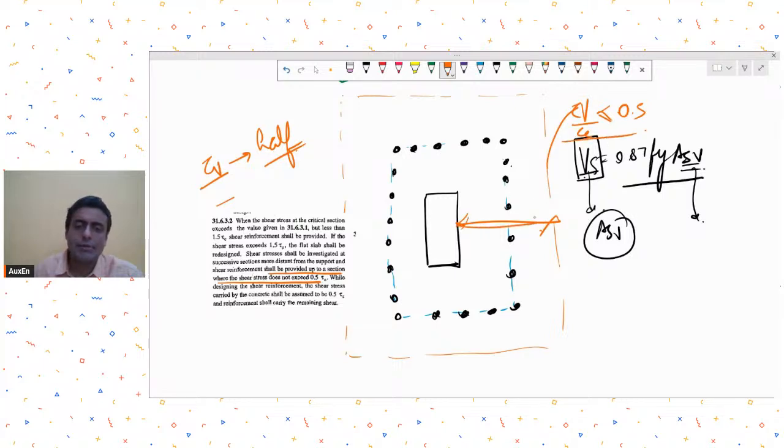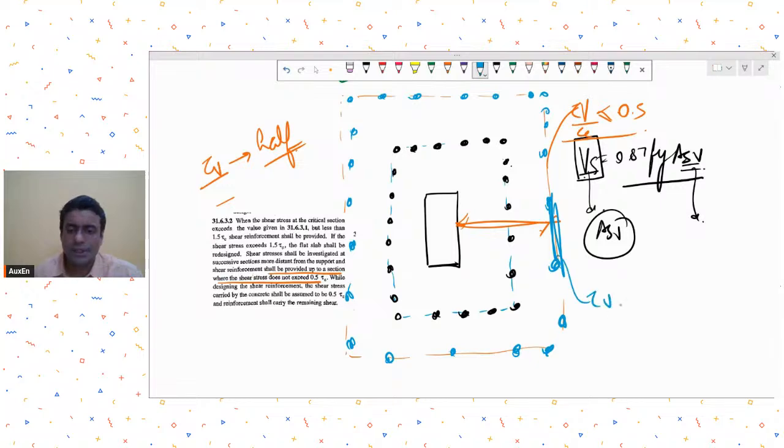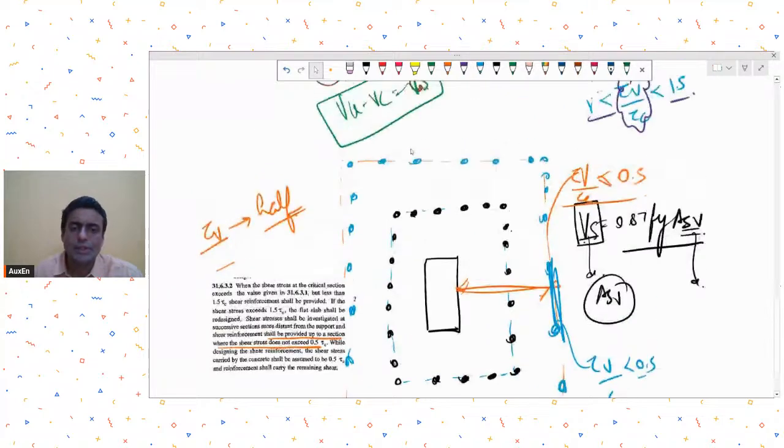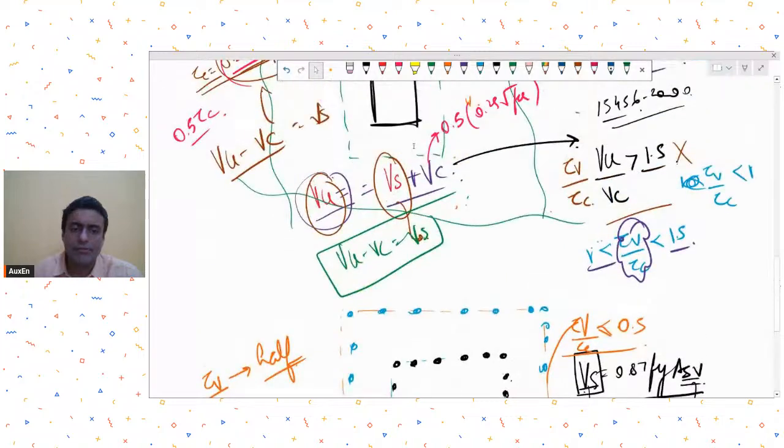Till that extent, you have to provide this punching reinforcement, and we will try and provide it because punching acts in a closed perimeter. We provide it like this as links all around till the distance when your tau v upon tau c becomes less than 0.5. So this is one way of providing the punching reinforcement.